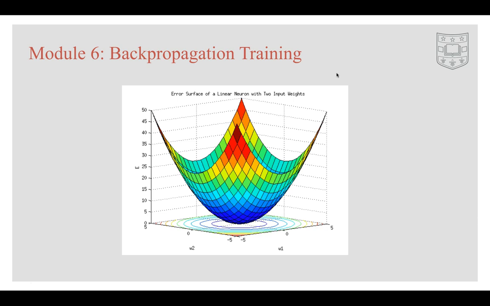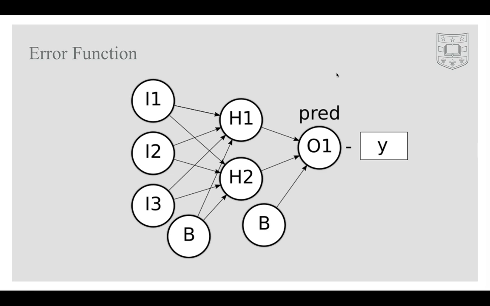So backpropagation training, this is essentially how you get the weights to the neural network. And the weights are the arrows that I have in my very, very simple diagram. But what this is essentially doing is it's optimization. You take the entire neural network and turn it into a function. So the whole neural network becomes just one very big, long function with a whole bunch of coefficients, and the coefficients are the weights. And the function you turn it into is like you see here, where the prediction is output 1.